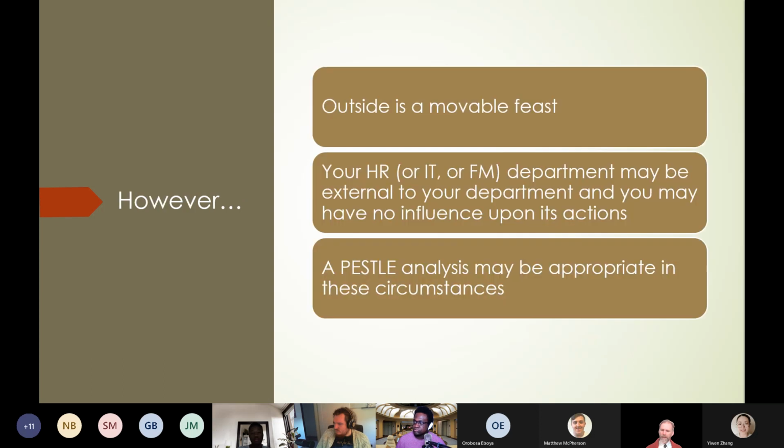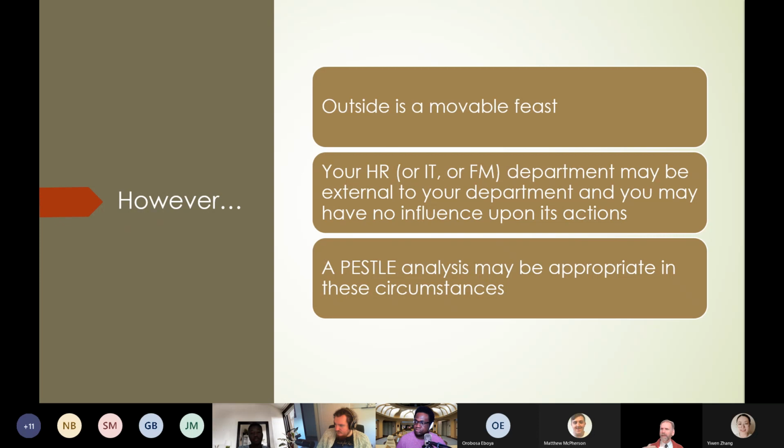Outside, however, isn't binary. If you're in a large organization with lots of different departments, changes made by, say, the IT department, for example, your organization puts in a new system without any consultation with those that are going to be using the system.